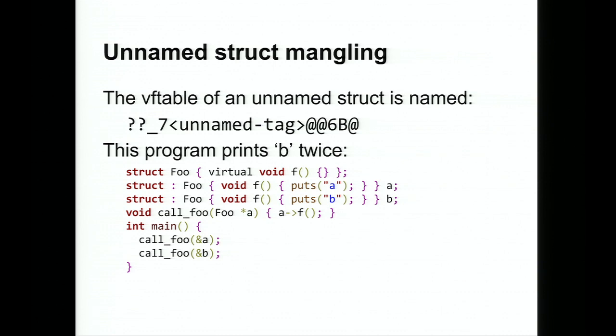And then I had to use this call foo indirection, otherwise the calls get devirtualized. But if you do this, then this program ends up printing B twice, because the name of the VF table is just unnamed tag. And we get two VF tables, and one of them wins. The compiler just throws out A's VF table, and we get one VF table. And so we get B twice. And it's flat.